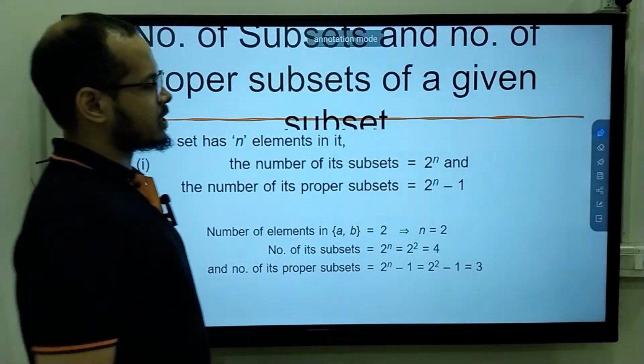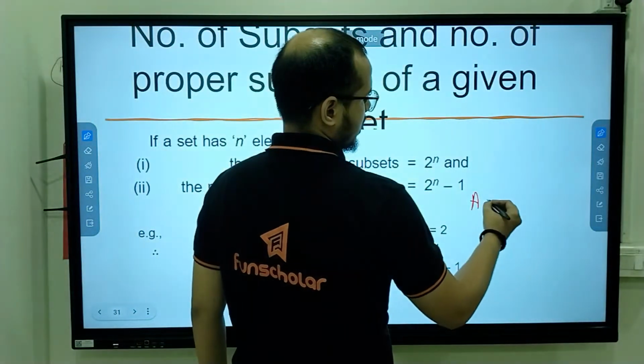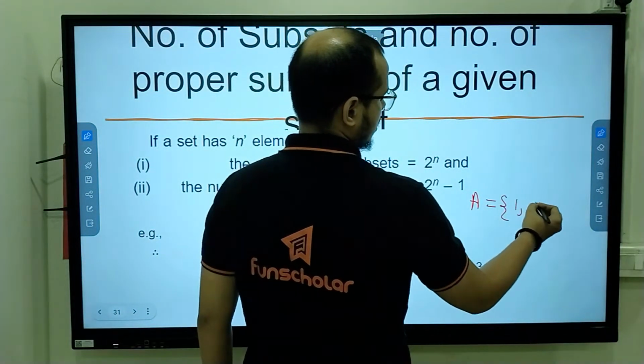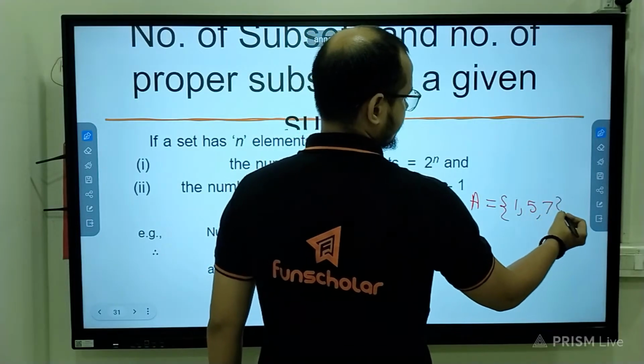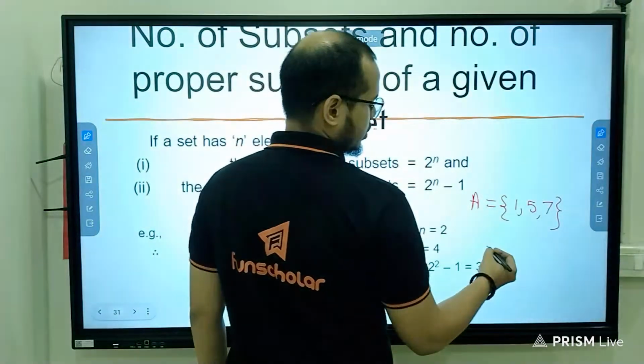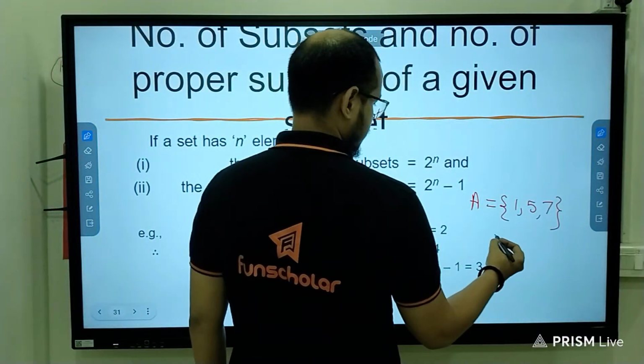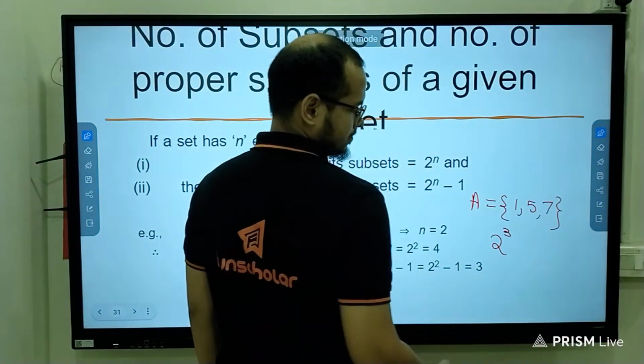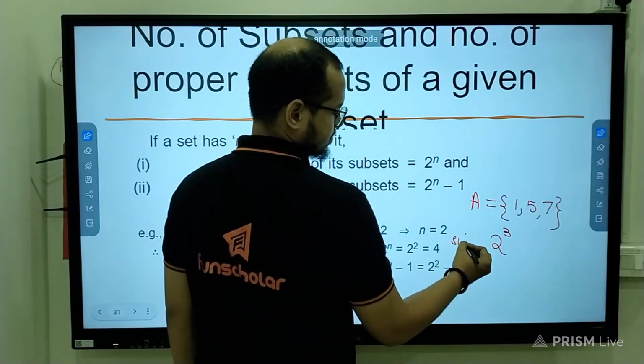So if I give you an example, A is {1, 5, 7}. The number of subsets of A is going to be 2 to the power 3. This is subsets.